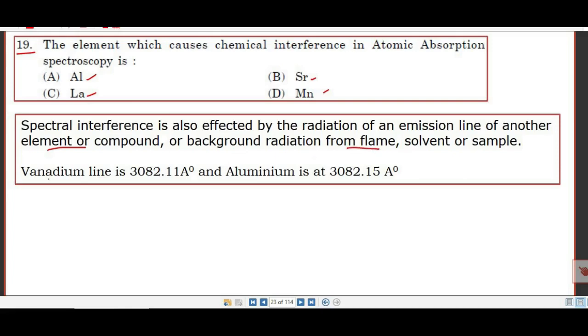Here we observe a vanadium line at 3082 Angstrom and the aluminium at 3082.15 Angstrom. In options A, B, C and D, aluminium is given, vanadium is not given. Hence option A is correct.